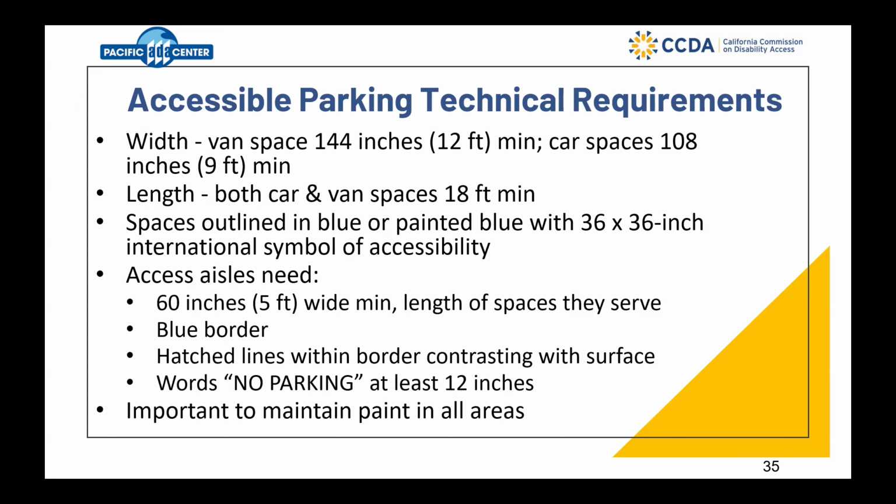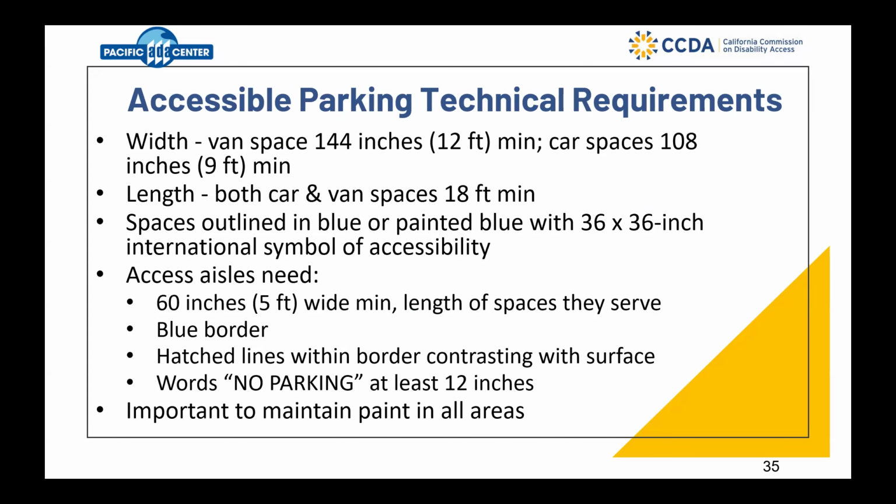So the technical requirements for accessible parking: a van space has to be 144 inches or 12 feet wide minimum. The car space is 108 inches or 9 feet wide minimum. Both the car and the van space need to be 18 feet long minimum. The spaces need to be outlined in blue or painted blue with a 36-inch by 36-inch international symbol of accessibility.